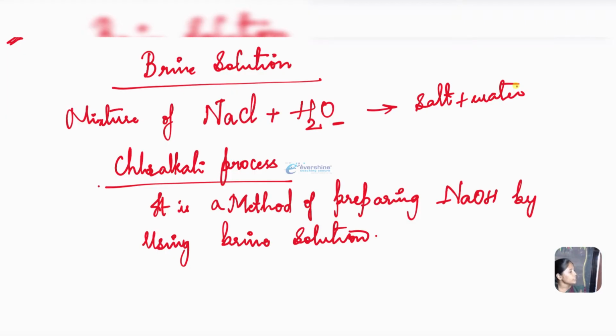It is a method of preparing sodium hydroxide. Sodium hydroxide is a base. So the method of preparing NaOH is called chlor-alkali process. Can you answer what is brine solution and chlor-alkali process?